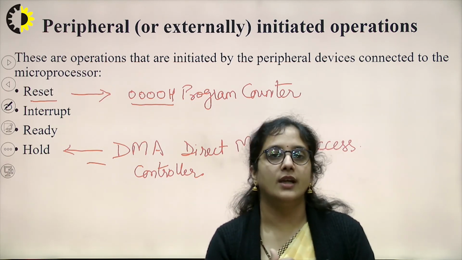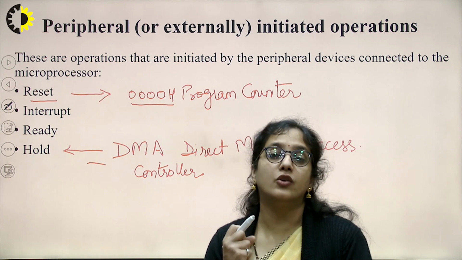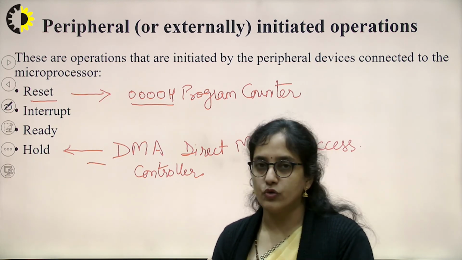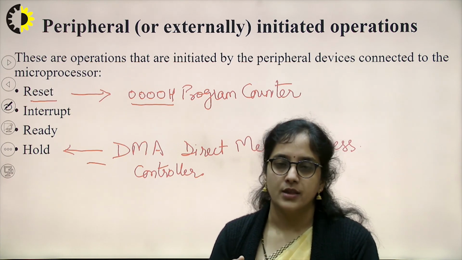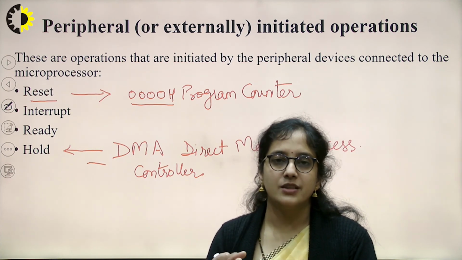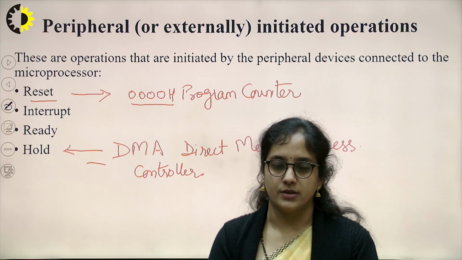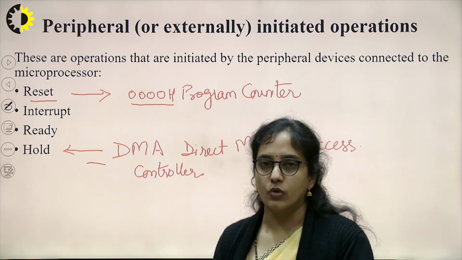This direct memory access controller takes the control of the buses. As I told you, there are three types of buses: address bus, data bus, and control bus. So the control of these buses from the microprocessor is taken by the DMA controller.